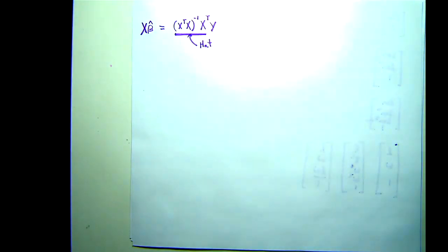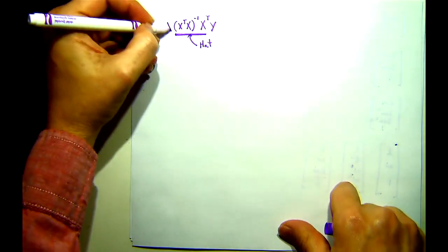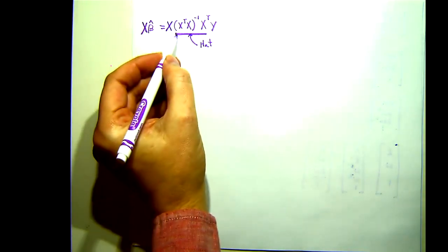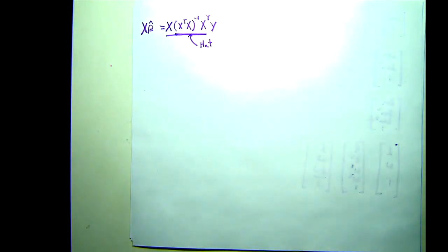That's your prediction. Sorry. Let me make sure I get the rest of it right. Nope, I didn't. I have to add an X there too. That comes directly from the definition. I just wrote the wrong one down. I had two lines in my notes. So that's the hat matrix.